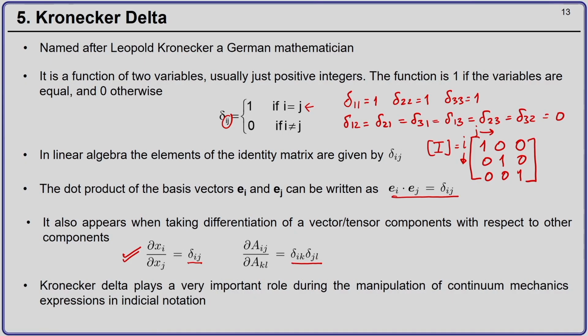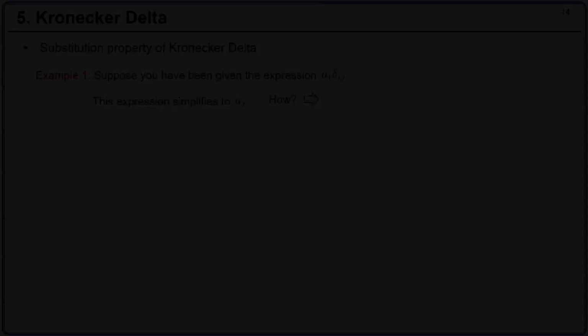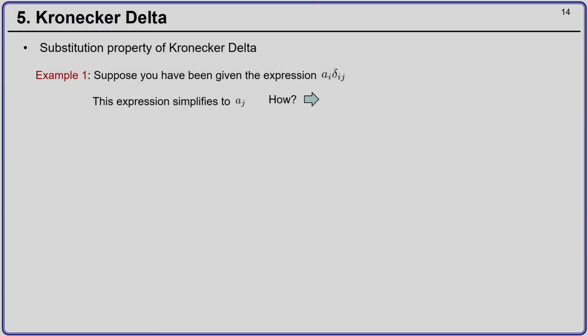Remember that the Kronecker delta plays a very important role in the manipulation of continuum mechanics expressions in indicial notation. It will occur frequently and you have to use its property, which is substitution. So, the Kronecker delta is used for substitution.